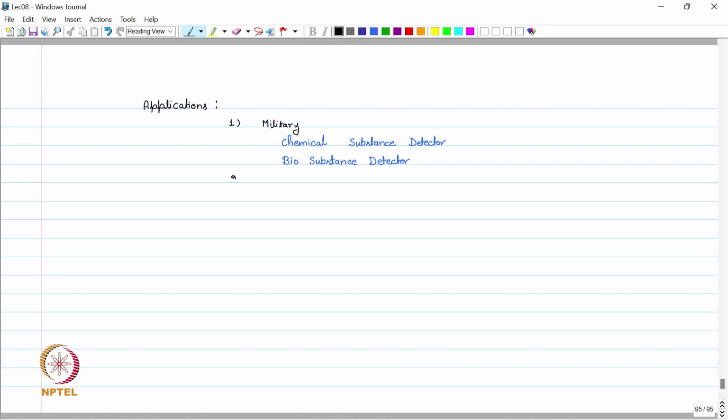In automotive parts, we have combustion control and engine performance control.